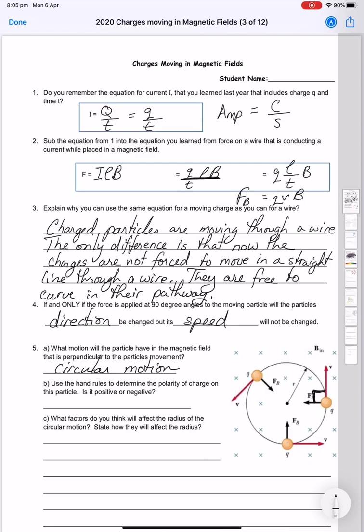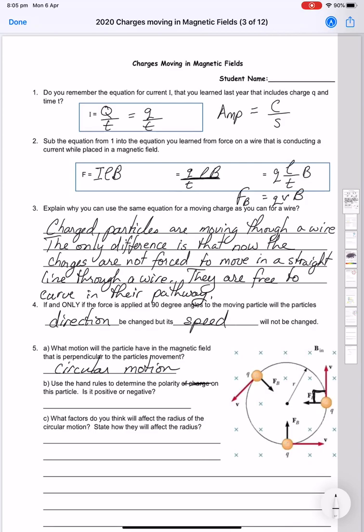So it says here, use the hand rules to determine the polarity of charge. Normally they just say determine the polarity on the particle. And what they're asking you for is the charge on the particle. Is it positive or negative? Now, the way you're going to solve this is you are going to point your fingers, that means your index through your pinky, into the page, because B is represented by X's, which means that B is going into the page.